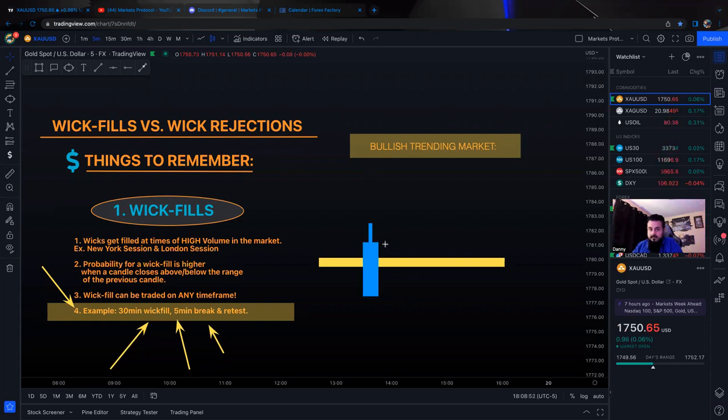Next candle breaks the high of the previous. First it forms a bottom wick, breaks the high of the previous, creates a new high, comes down, something like this, maybe closing above the range of the previous candle or maybe not, but has a wick on top.